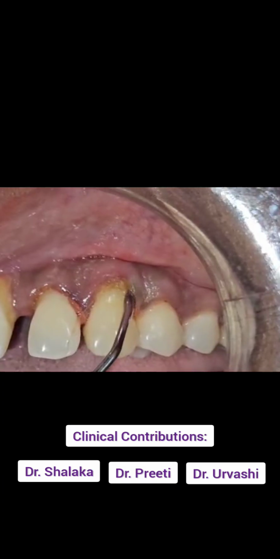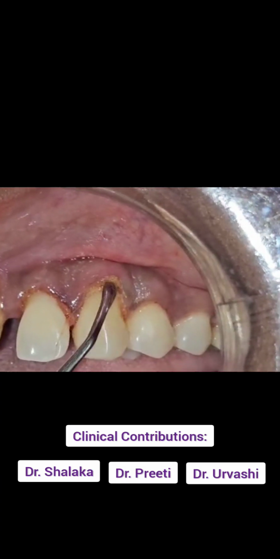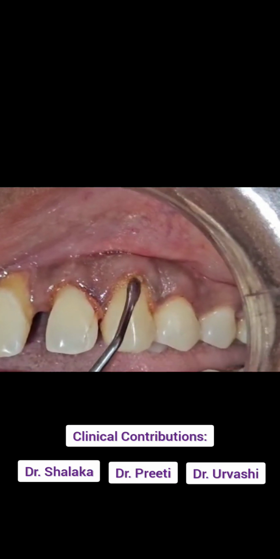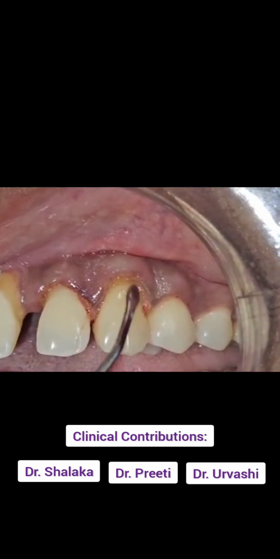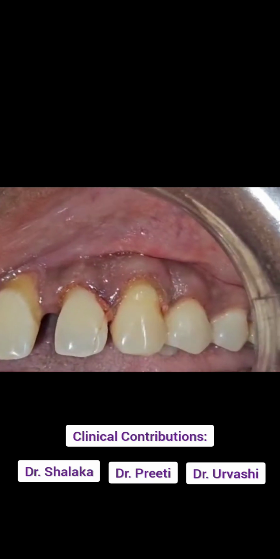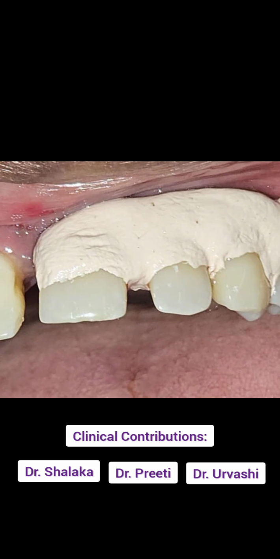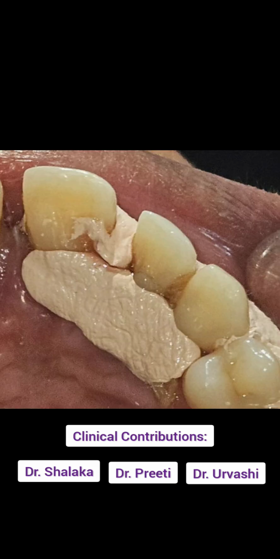So around the canine also the fiber is being packed. And once it is done, we are going to cover it up using a periodontal dressing on both buccal as well as palatal aspects.